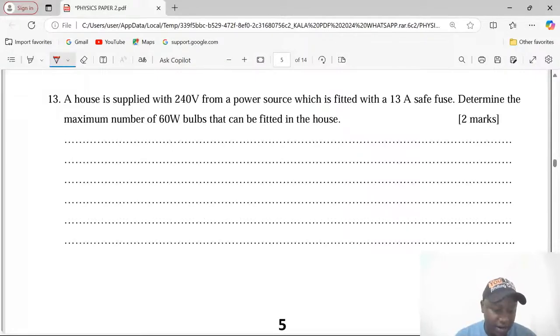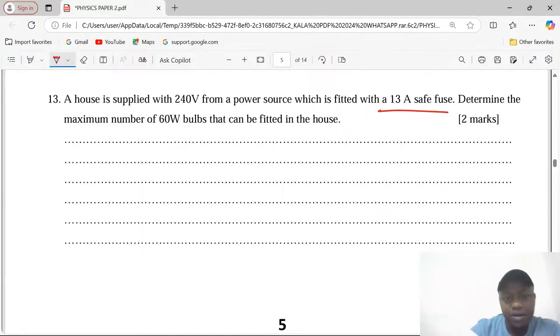Well, let's look at this on domestic wiring. A house is supplied with 240 volts from a power source, which is fitted with a 13 ampere safe fuse. Determine the maximum number of 60-watt bulbs that can be fitted in the house.